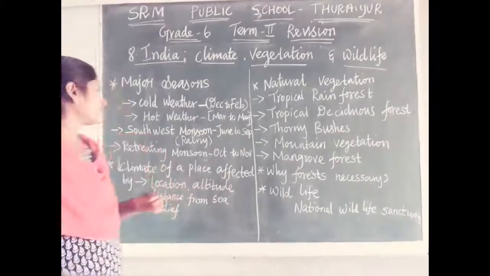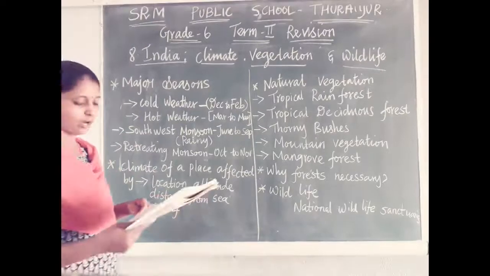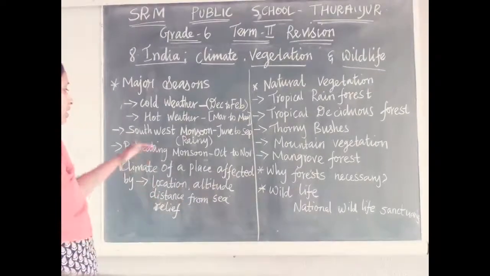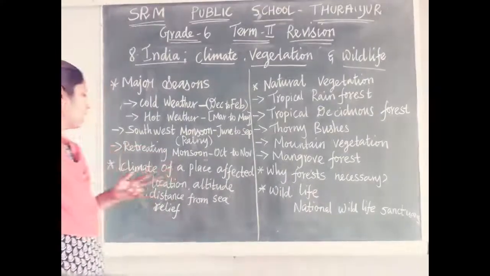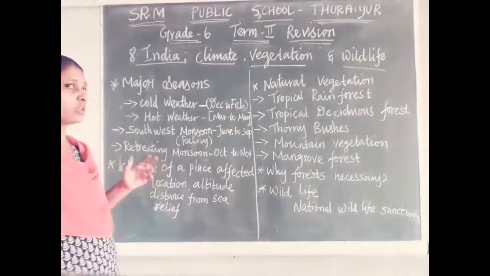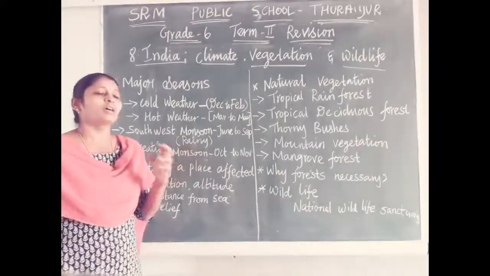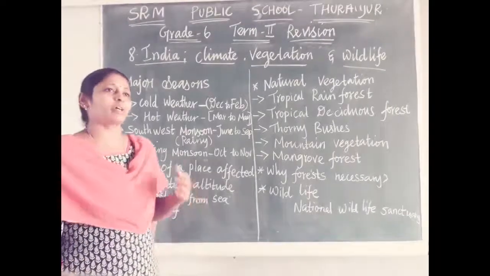Then we have the monsoon season, the rainy season, with the southwest monsoon. Two monsoon seasons we have: one is the southwest monsoon, the other is the retreating monsoon. Majorly in India, from the southwest monsoon alone we get a large amount of rain.